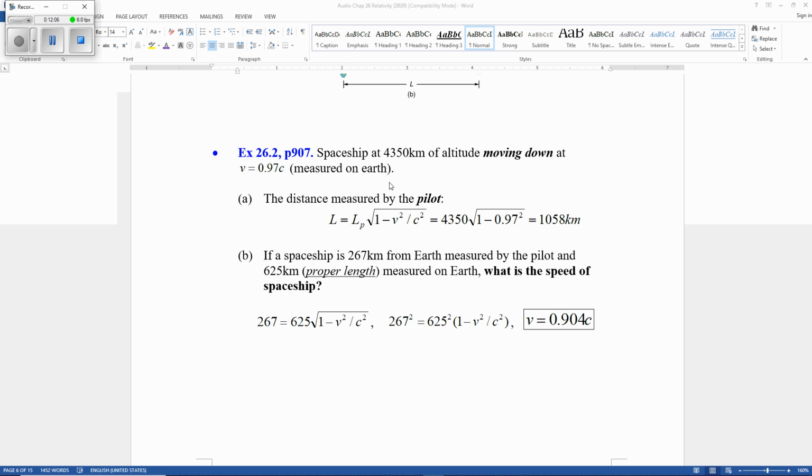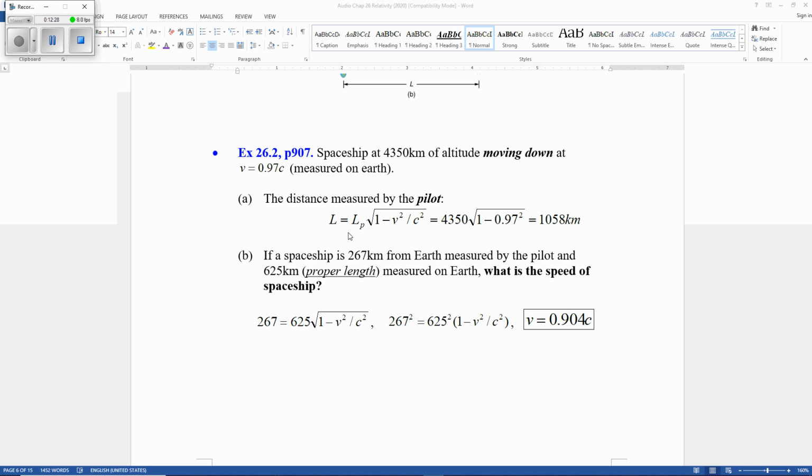So what's the distance measured by a pilot inside the spaceship? For us, the proper length equals 4,350. What is the length for the pilot?